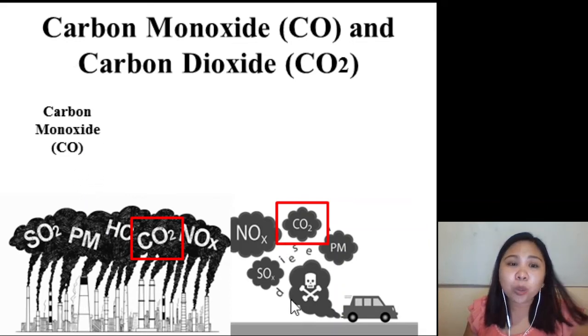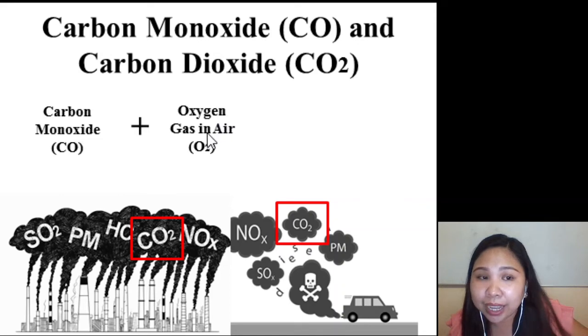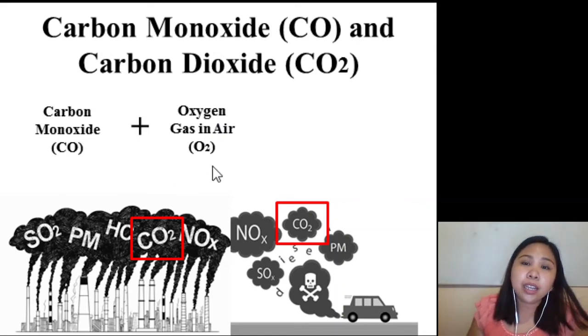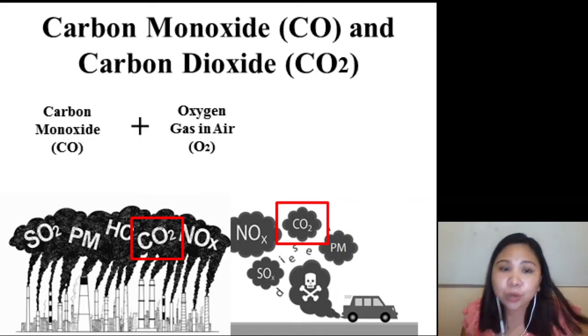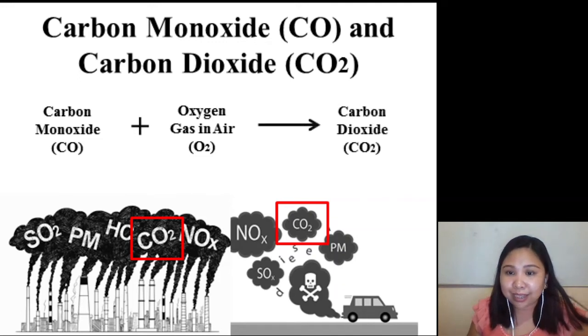Okay? Kapag ito class na carbon monoxide na ito, nag-react. Okay? Nag-react siya sa oxygen gas in the air. Okay? CO reacts with oxygen gas. So, nakaka-produce po yan ng 2 molecules of carbon dioxide. Okay, hindi ko lang siya nalagyan dito ng 2.